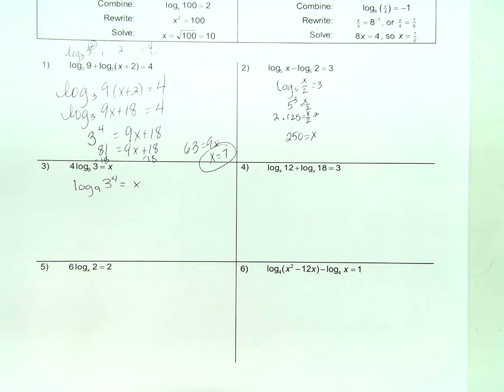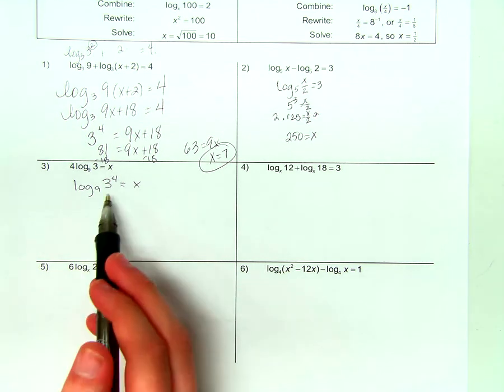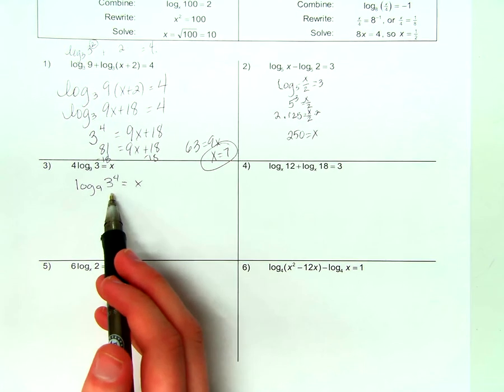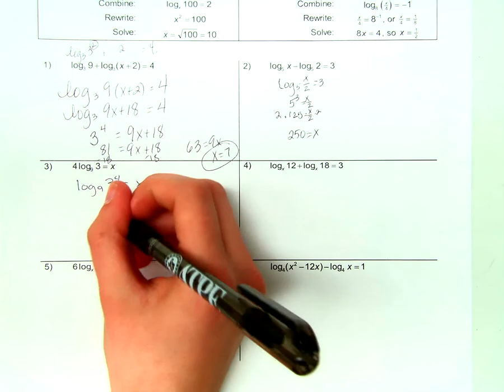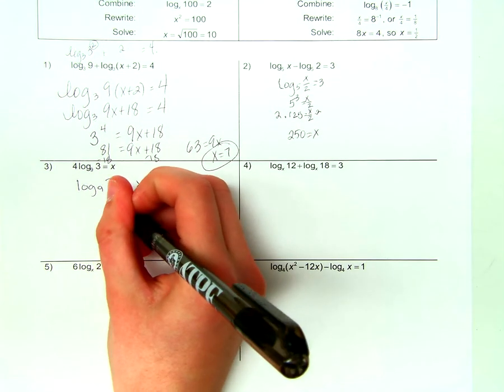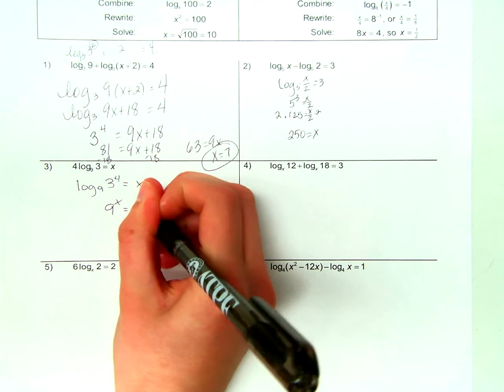Now what are you going to do? Don't worry about that right now. You can do it on the next step. Probably what you might want to do is write it in exponential form. When you get to where you can't do anything else with the log, try exponential form. So you can write 9 to the x power equals 81.